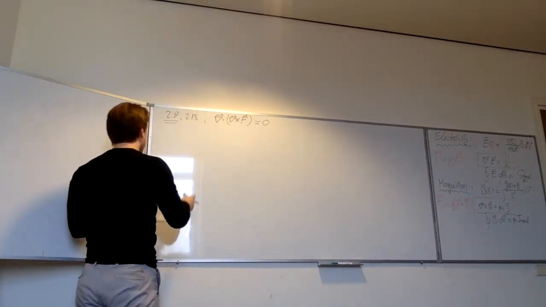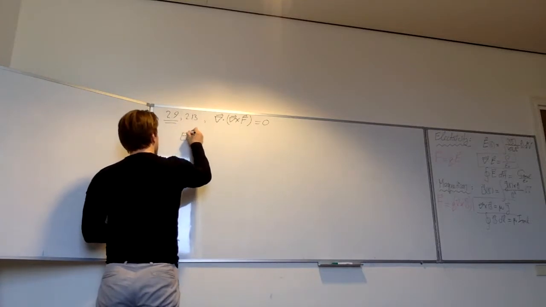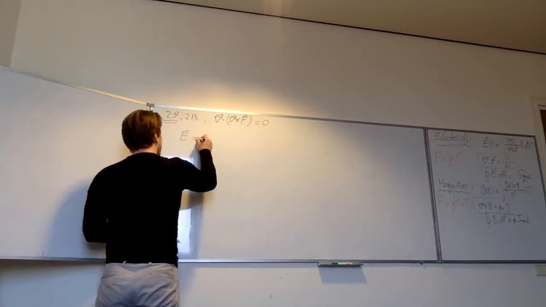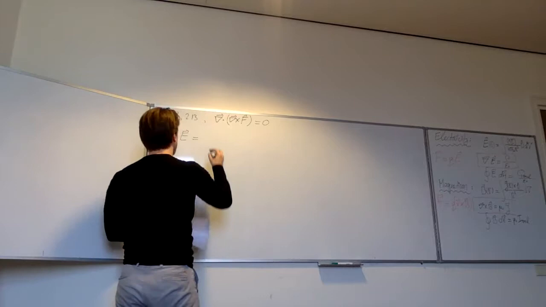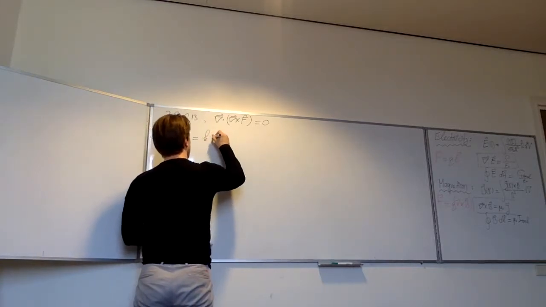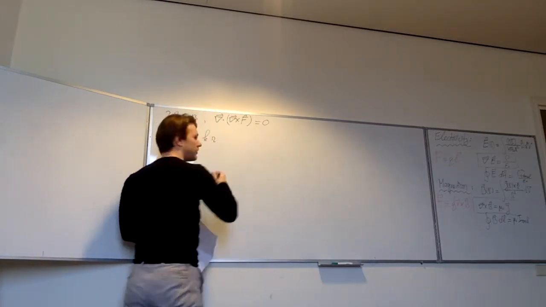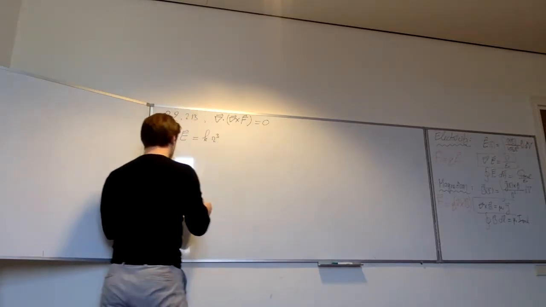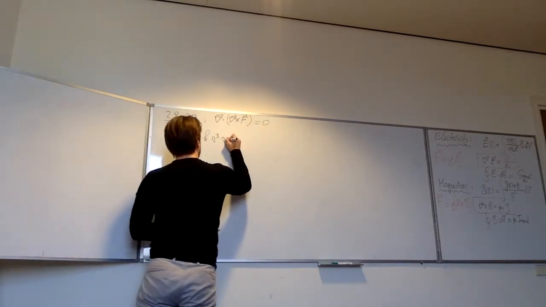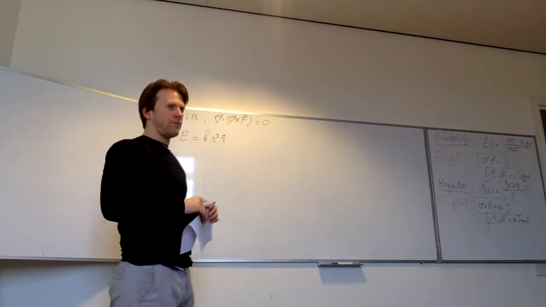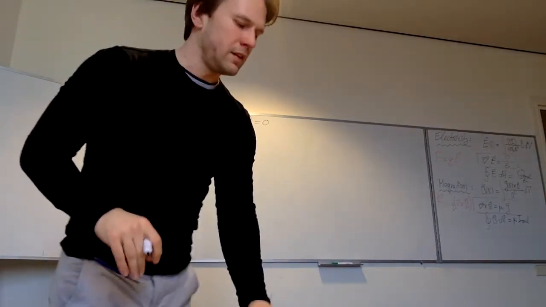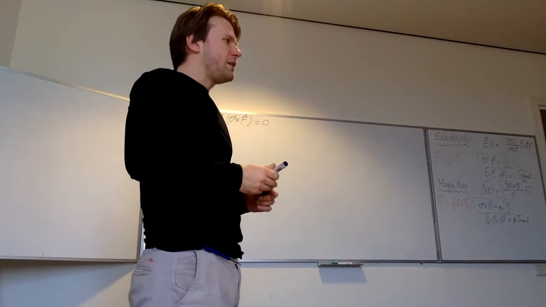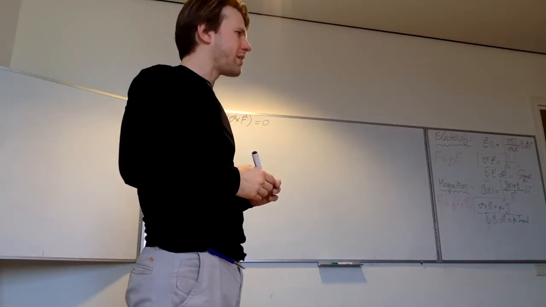Now, the exercise is as follows. They tell you, well, there is a situation in which the electric field vector is given by some number, k, times the distance of you to your charge, to the third power, and it points in that direction. Now, I have a hard time envisioning how this could come to pass.